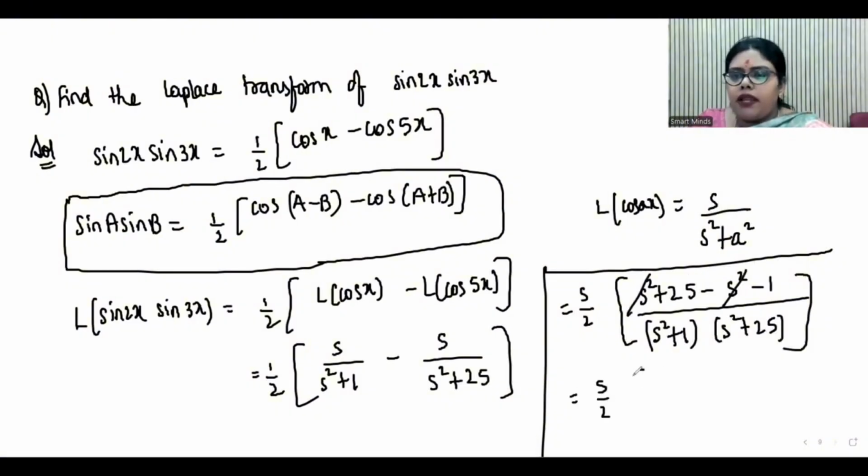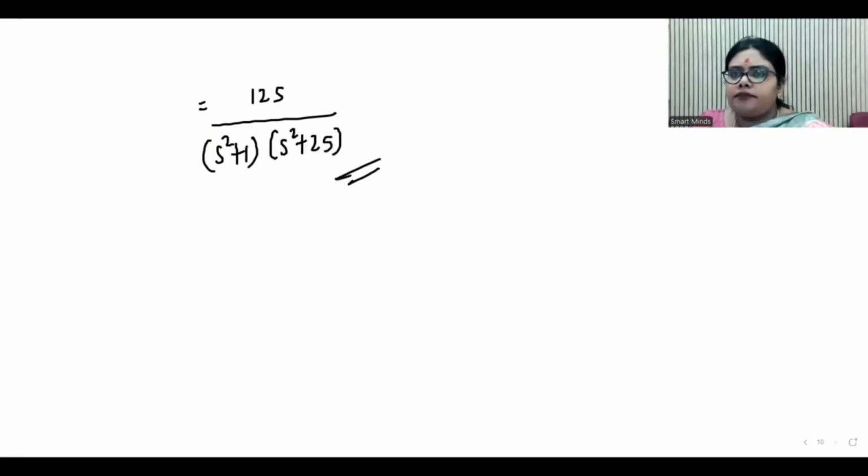That is s by 2 into 24 by (s square plus 1) into (s square plus 25). We can cancel 2 ones are 2, 12 twos are 24. So that is 12s by (s square plus 1) into (s square plus 25). This is the final answer.